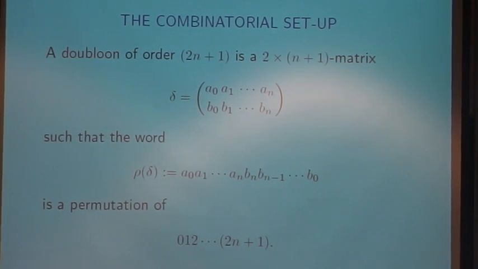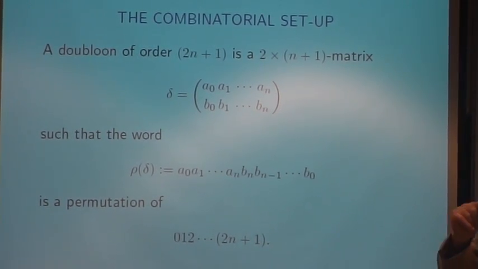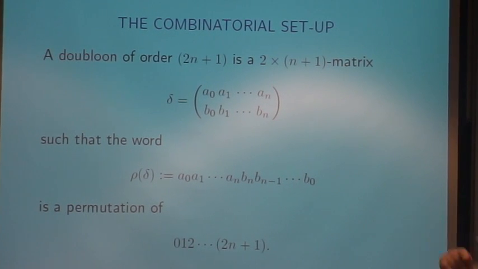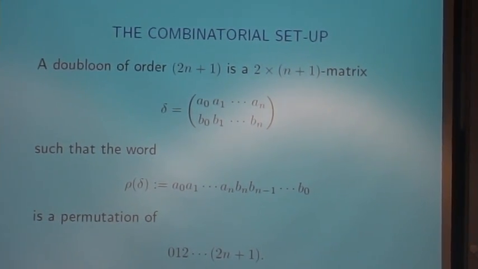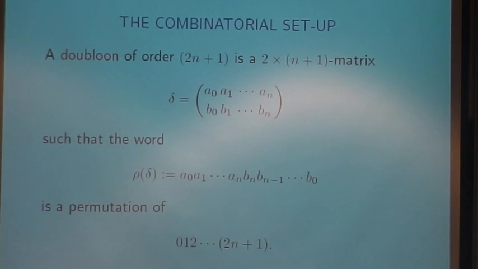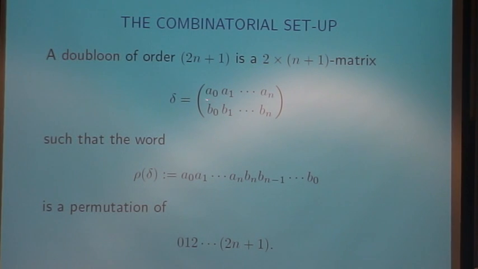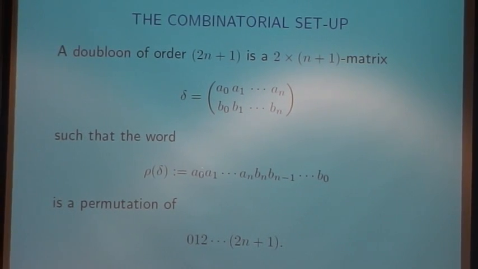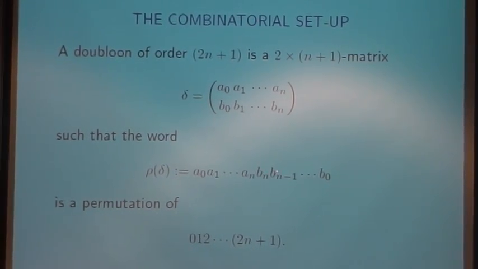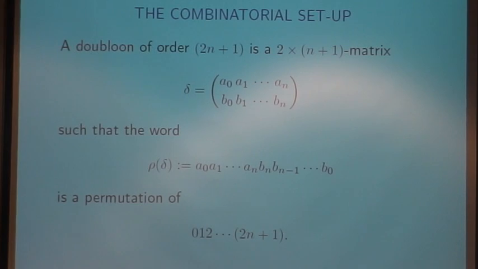And instead of writing a permutation as a linear word, we write it as a matrix with 2 rows, and then you see how it works. You write the permutation like this: A0, A1, up to An, and we continue this way: Bn, Bn plus 1, up to B0.